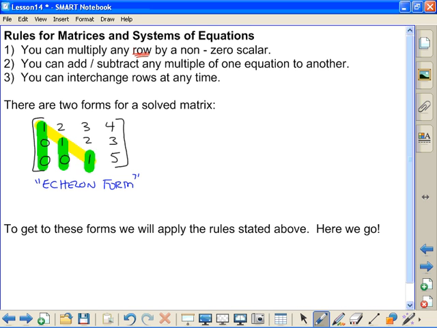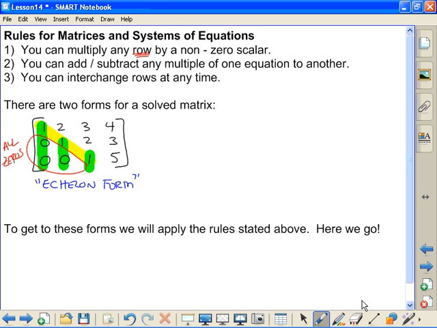So the bottom left corner is all zeros. So that's what our echelon form will look like. And don't worry about the how yet. We'll get to that in a second. How we're going to use it or how we get to that, that's coming.